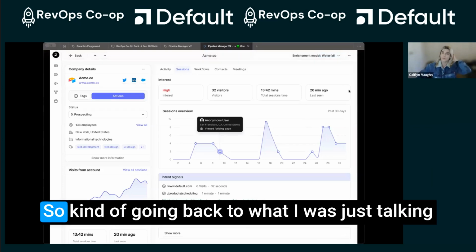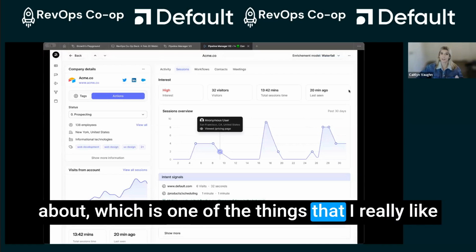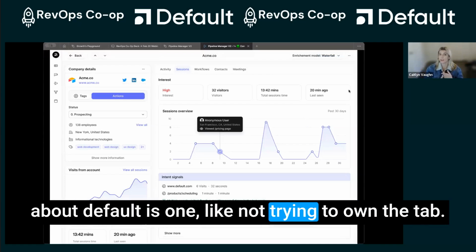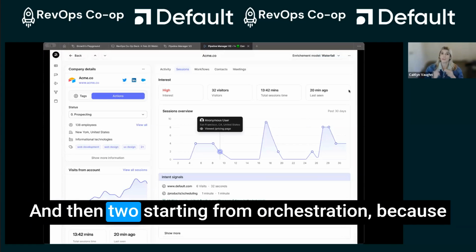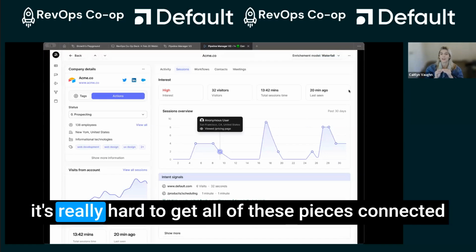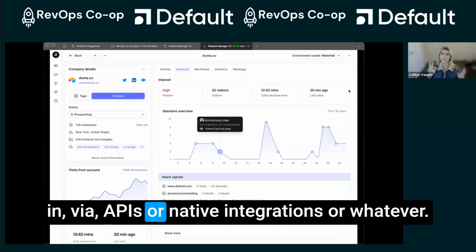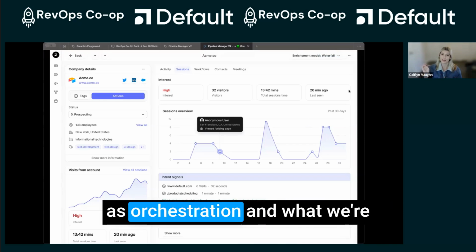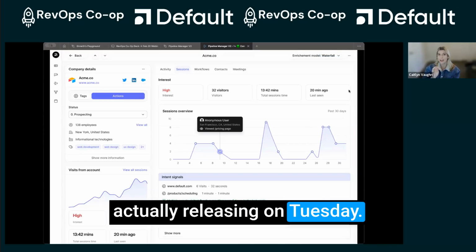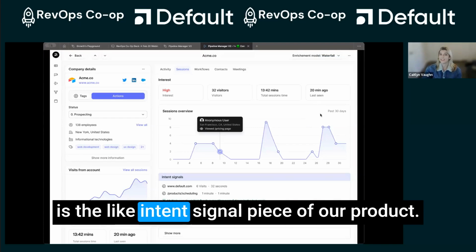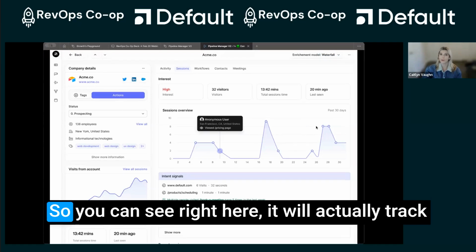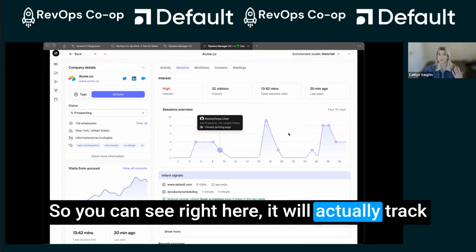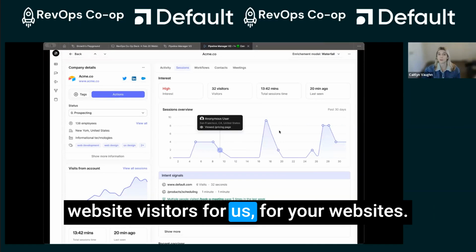Yeah. So going back to what I was just talking about, one of the things I really like about Default is, one, not trying to own the stack, and two, starting from orchestration, because it's really hard to get all of these pieces connected via APIs or native integrations or whatever. So the place that Default has started is orchestration. And what we're releasing on Tuesday is the intent signal piece of our product. You can see right here, it will track website visitors for your websites.